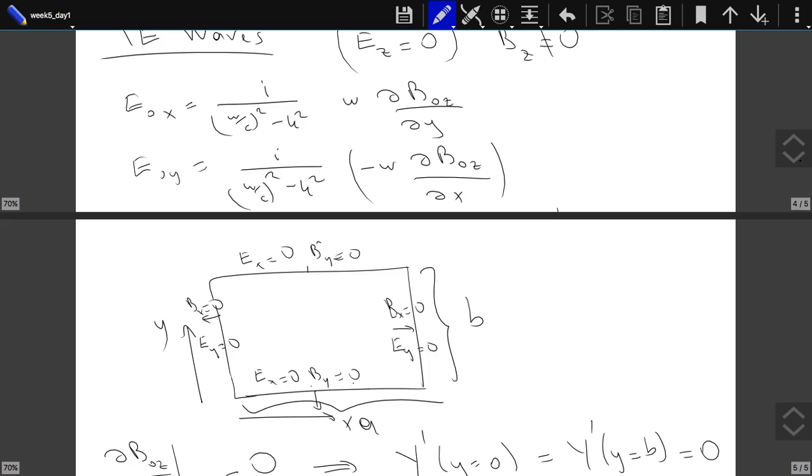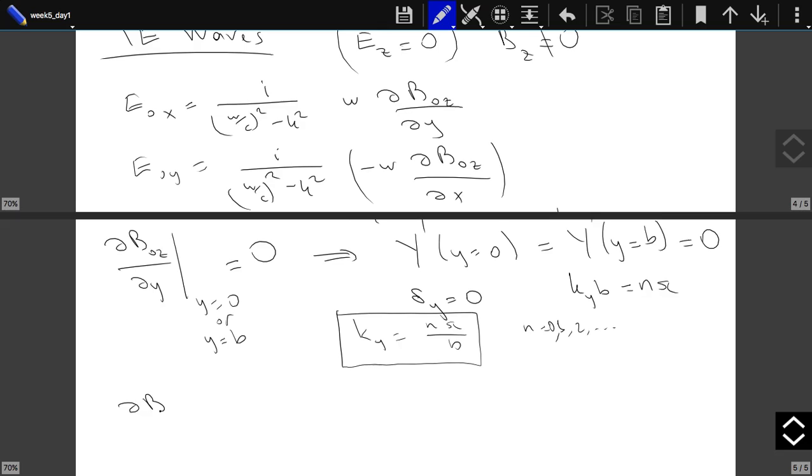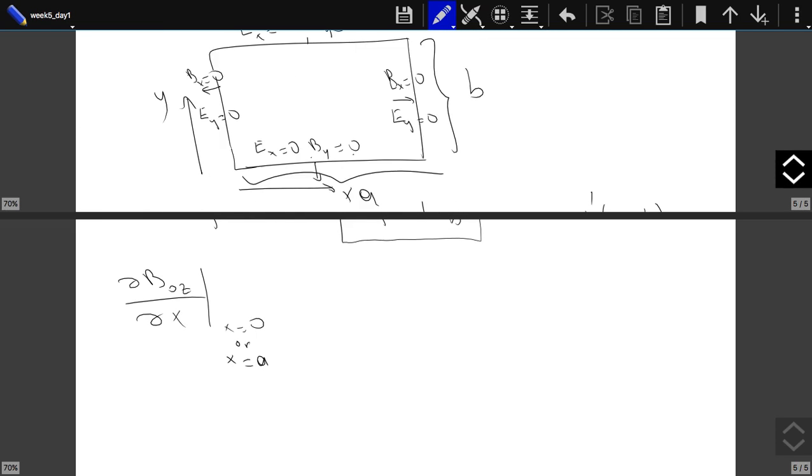So the derivative of Bz with respect to x should be 0 when x is equal to 0 or x is equal to a. This tells me that X prime at x equals 0 should be 0, and X prime at x equals a should be 0.